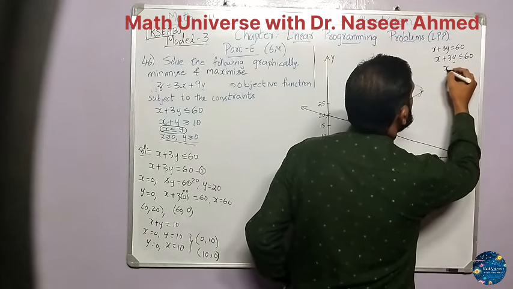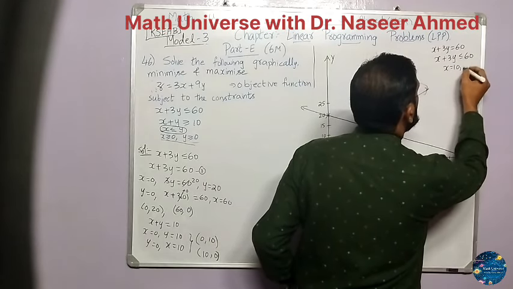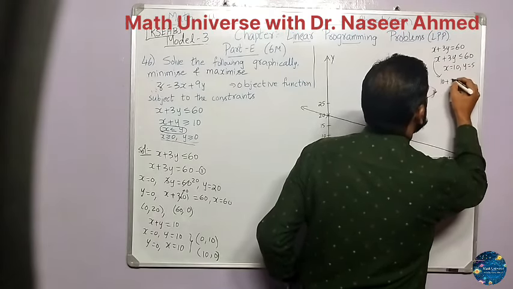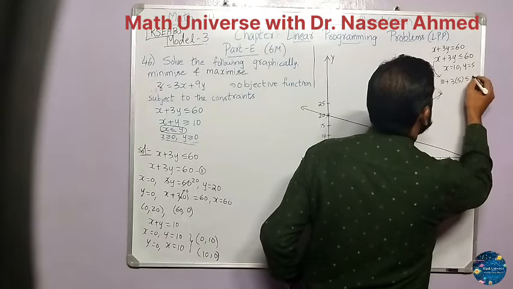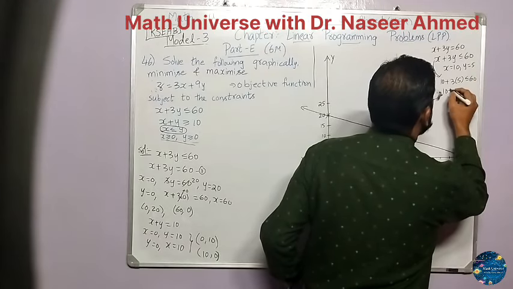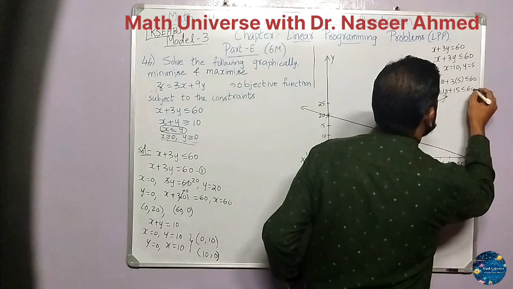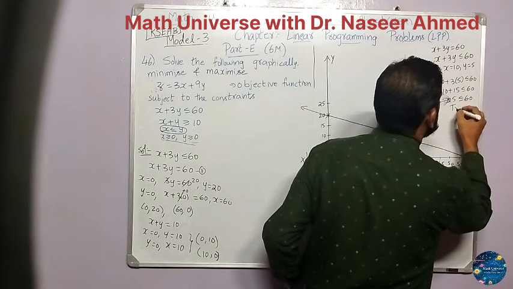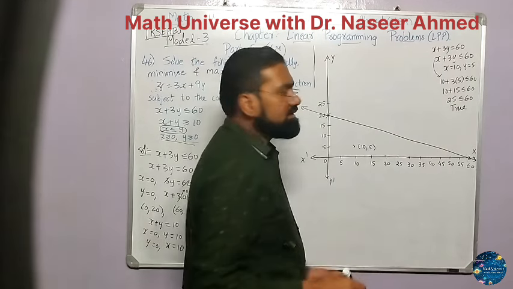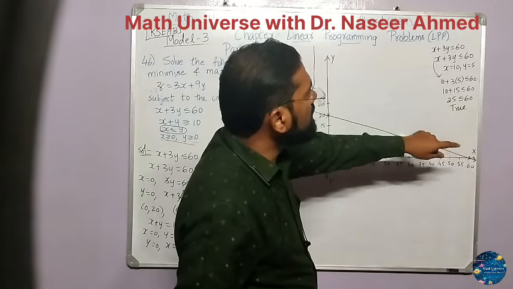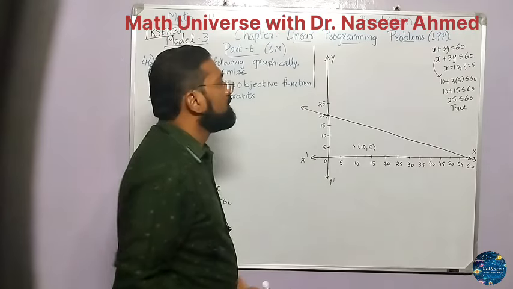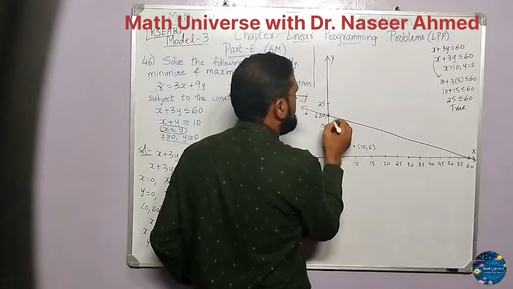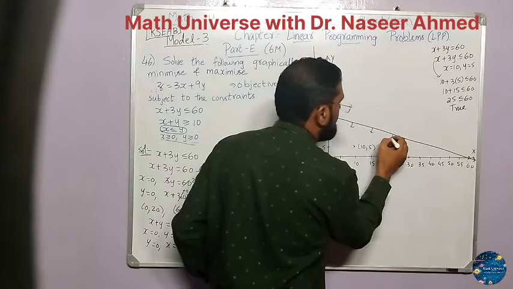So when x is equal to 10 and y is equal to 5, this will become 10 plus 3 into 5 less than or equal to 60. 10 plus 3 fives are 15, so 25 less than or equal to 60. True or false? It is true. 25 is less than 60. Yes, it's not equal to 60, but we have the option 'or'. So it should be shaded in the same way the point is lying.